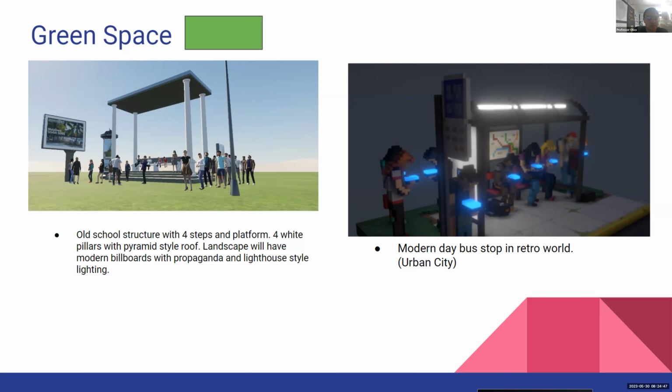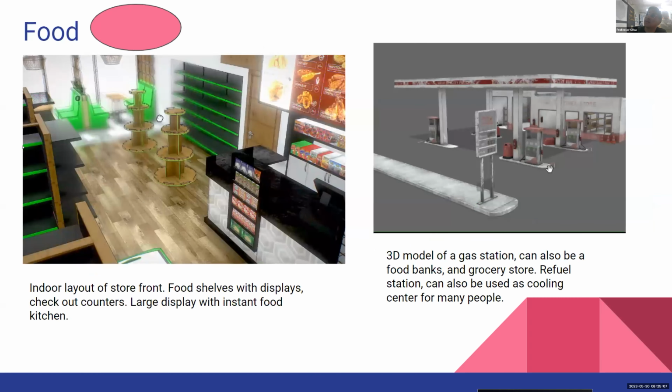Landscape will have modern billboards with propaganda and lighthouse style lighting. And then I also put a modern day bus stop in a retro world. So it's pretty interesting to see both environments come into one.